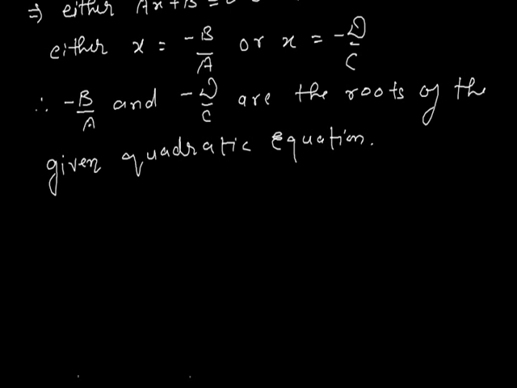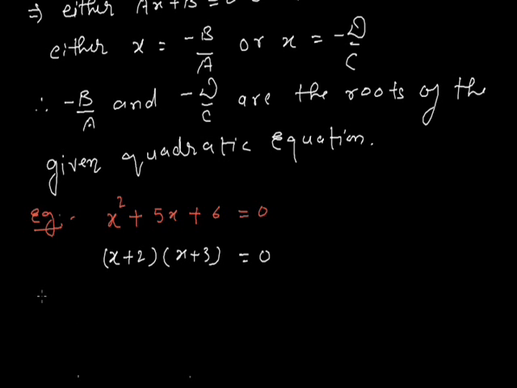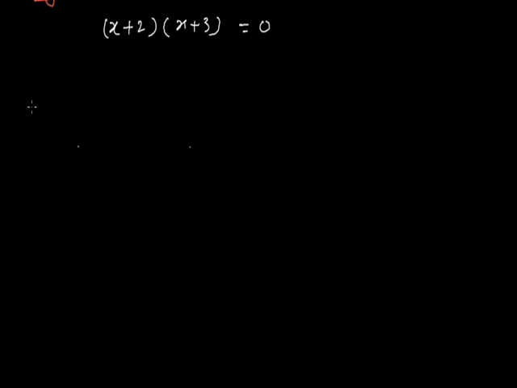For example, suppose we take a quadratic equation x square plus 5x plus 6 equal to 0. We see that we can factorize it in the form of x plus 2 into x plus 3. From there we get either x plus 2 equal to 0 or x plus 3 equal to 0.